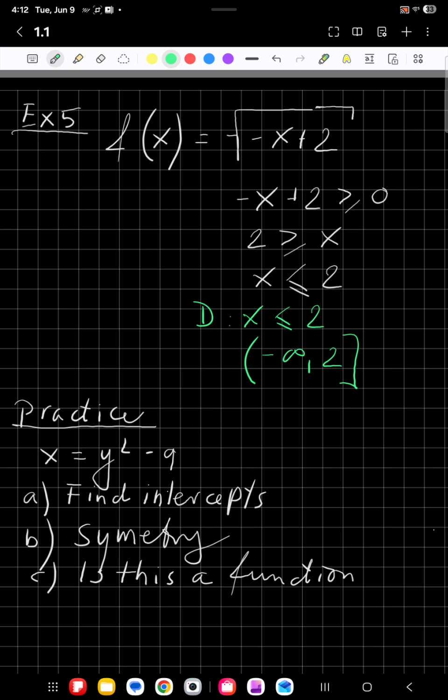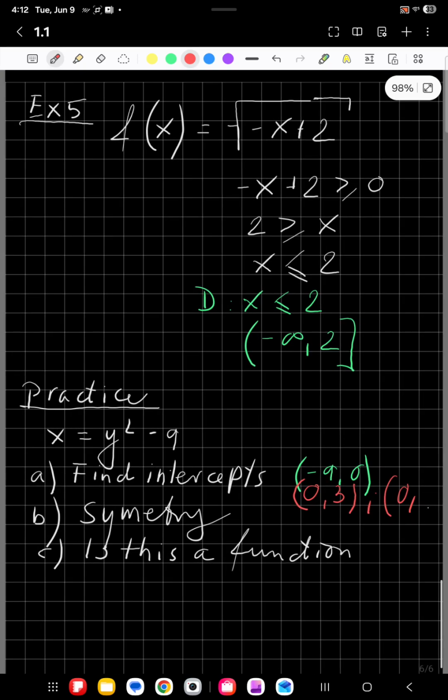So intercepts. For the x-intercept, I have negative 9, 0. For the y-intercepts, I have 0, 3 and 0, negative 3.